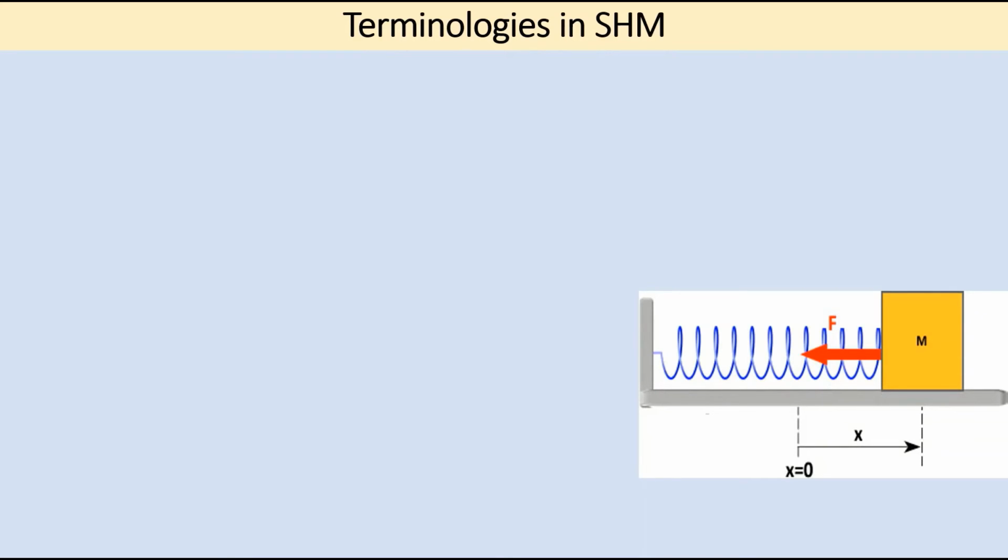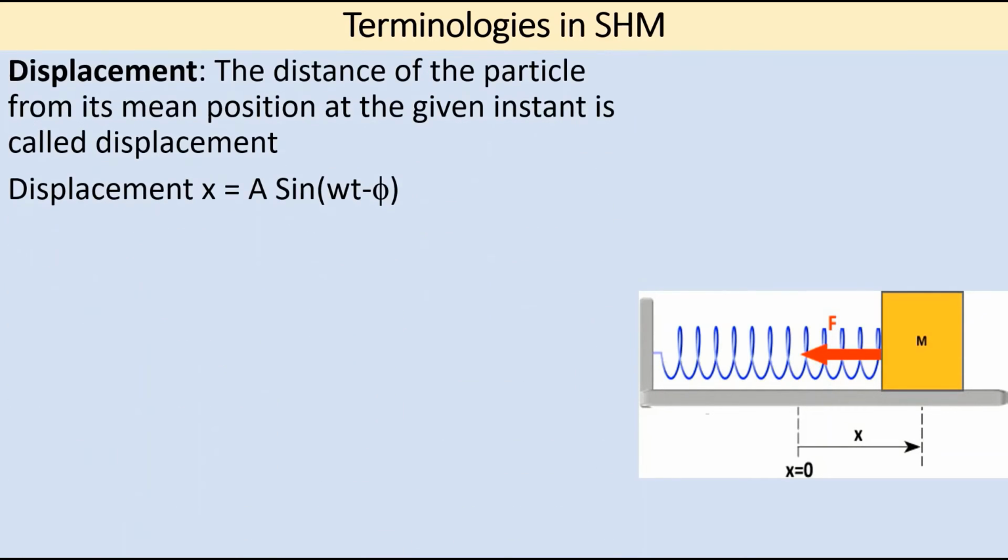First one is the displacement. The displacement is nothing but the distance of the particle from its mean position at a given instant. So suppose this is the mean position, then the particle is displaced like this. At any instant, suppose the particle is here, then this is the x, or the displacement. When the particle is here, this will be the x.